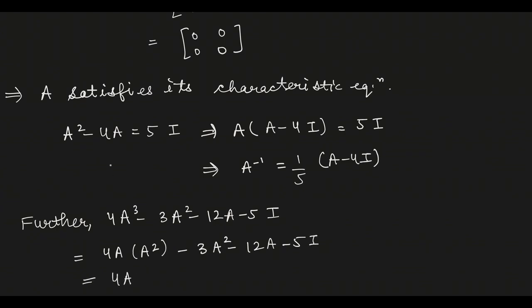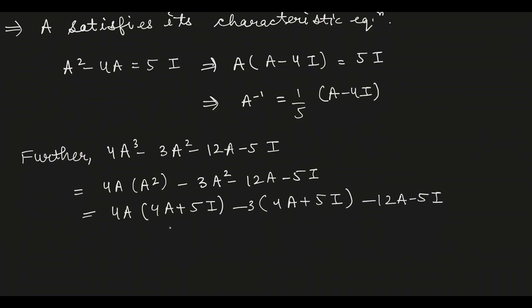I can replace A^2 as 4A + 5I. So this will be 16A^2 + 20A - 12A - 15I - 12A - 5I.